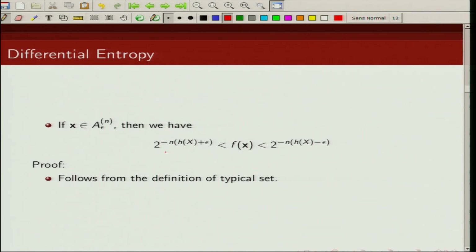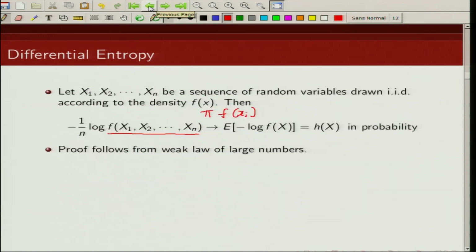The next property says that f(x) lies between this and this. Now this can be proved from the definition of the typical set.